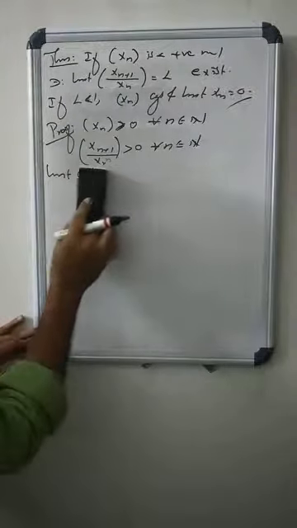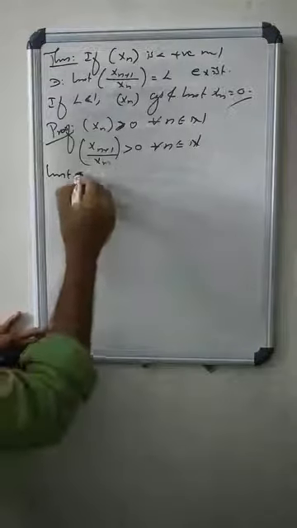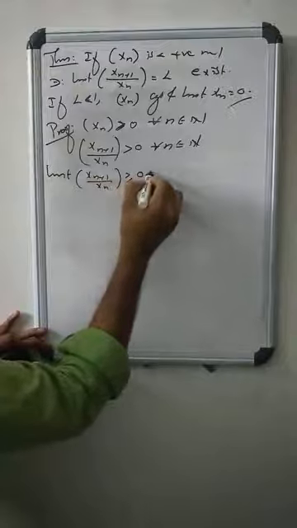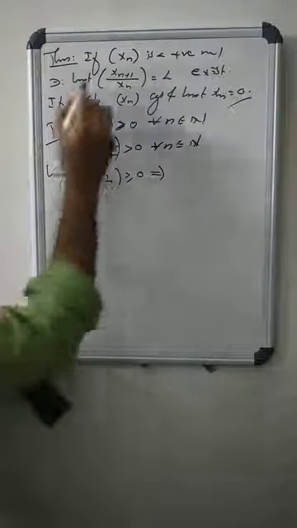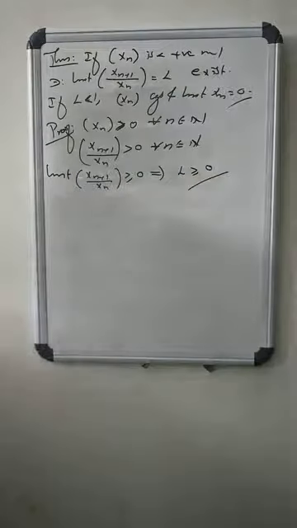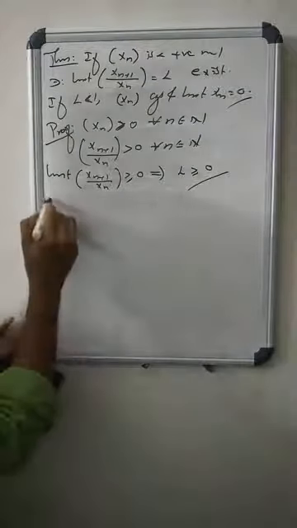Therefore, instead of xn, here it is x_{n+1}/x_n, so x_{n+1}/x_n is greater than or equal to 0. That means limit x_{n+1}/x_n, which is L, is greater than or equal to 0. Agreed.